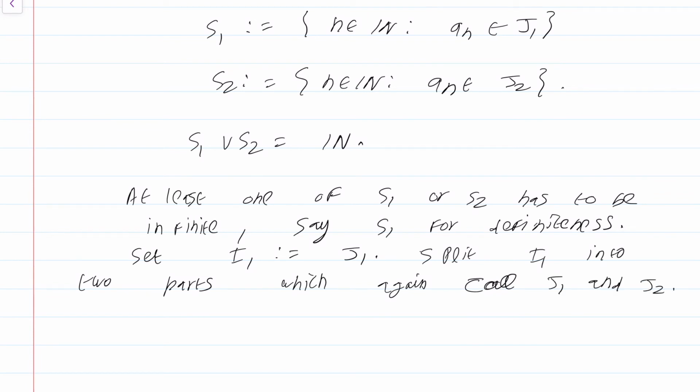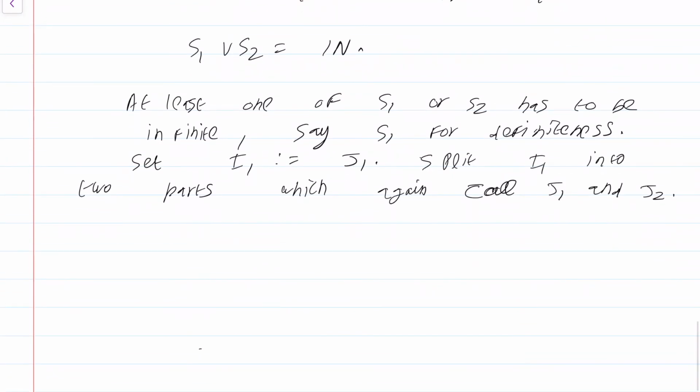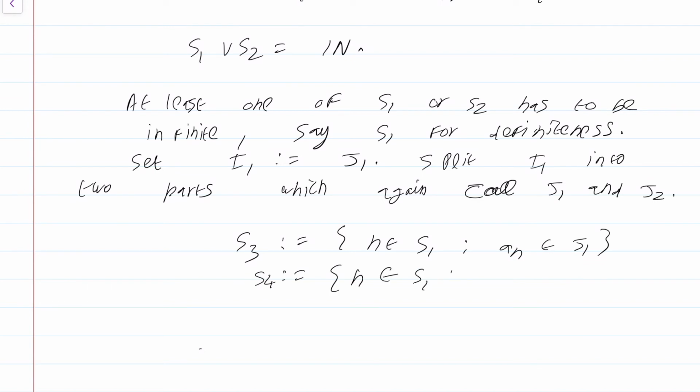Okay, I'm splitting I1 again into two parts, and just to not overburden the notation, I'm calling it J1 and J2 again. Now define these two sets: S3 to be those indices in S1 such that an belongs to J1, and S4 to be those indices in S1 such that an belongs to J2.